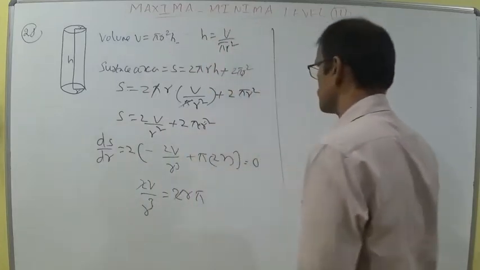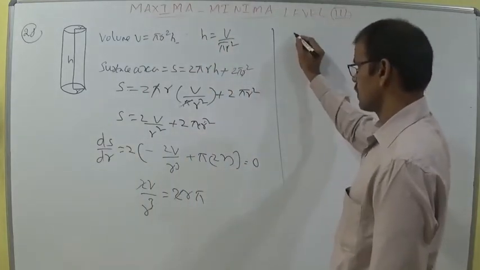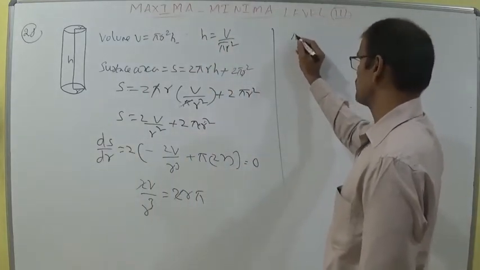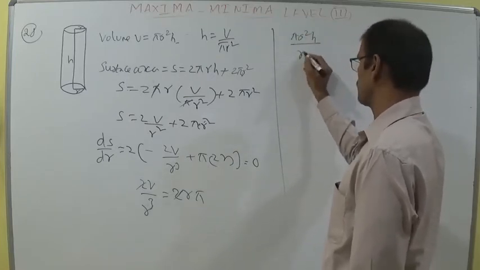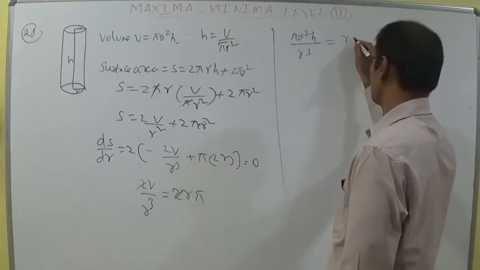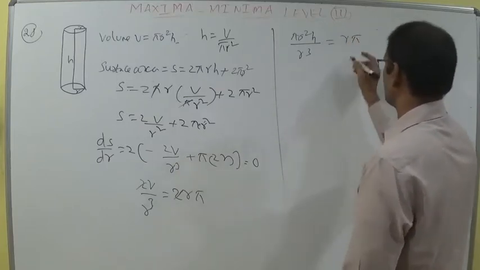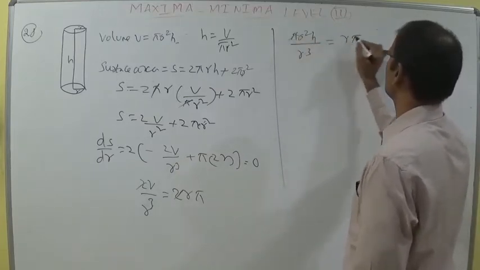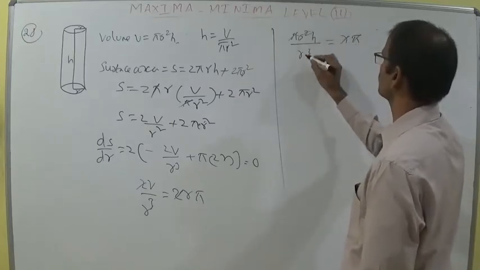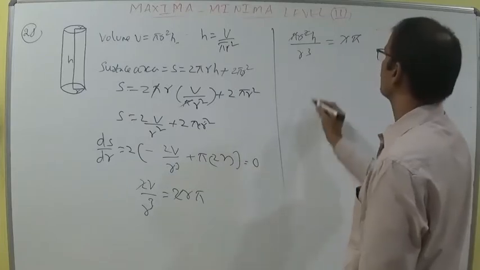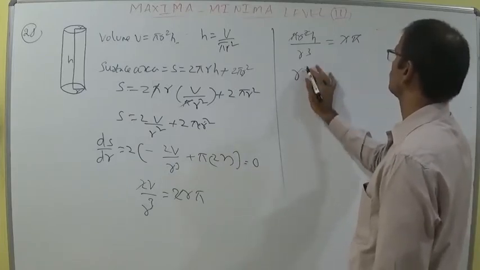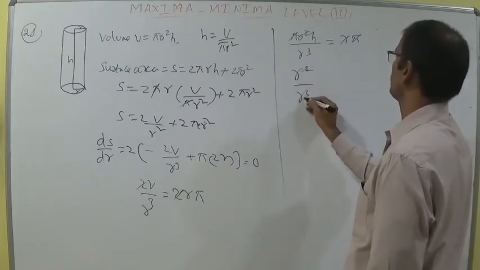So V is equal to pi r square h. Instead of V I am writing pi r square h by r cube. Here pi and pi get cancelled, r square gets cancelled.